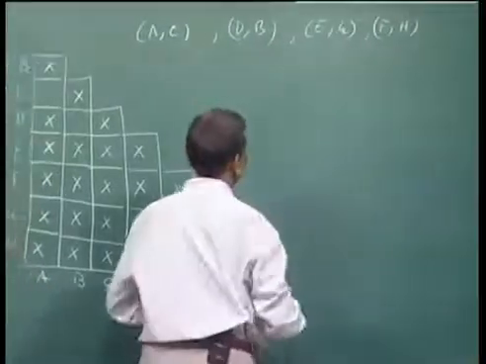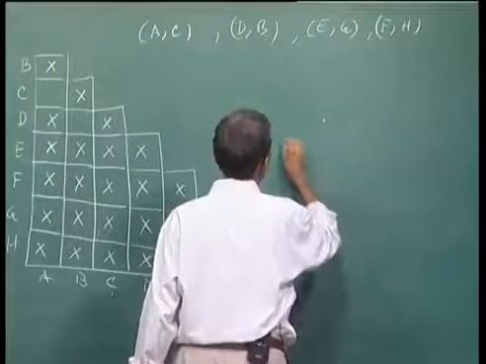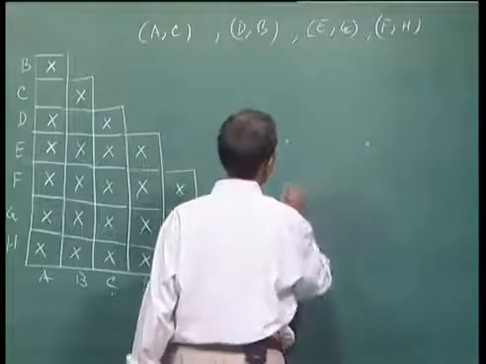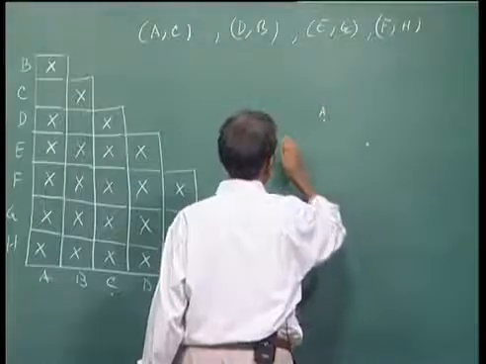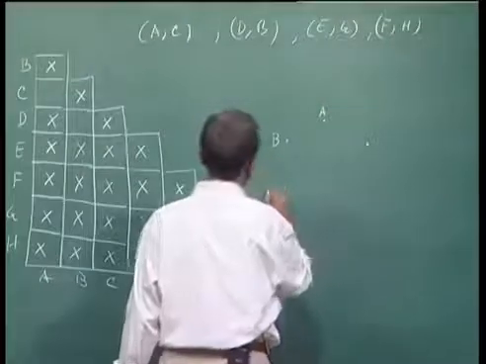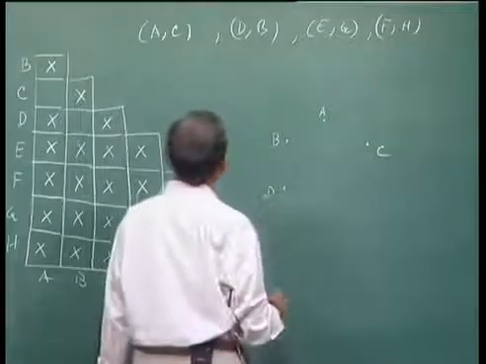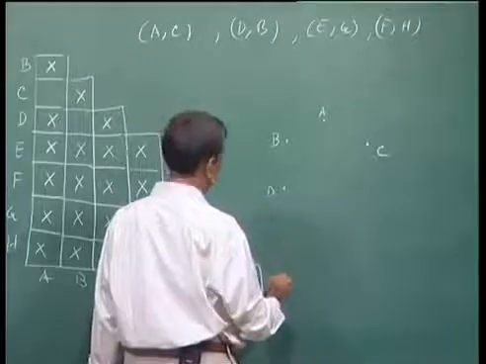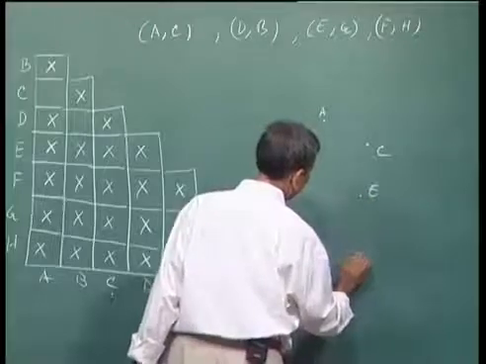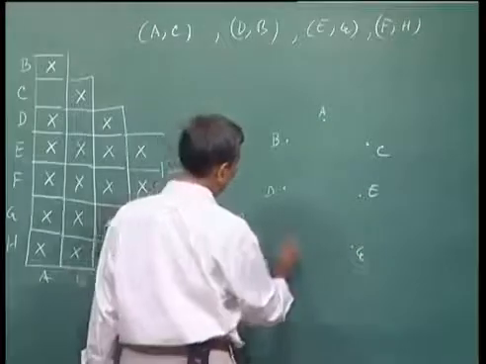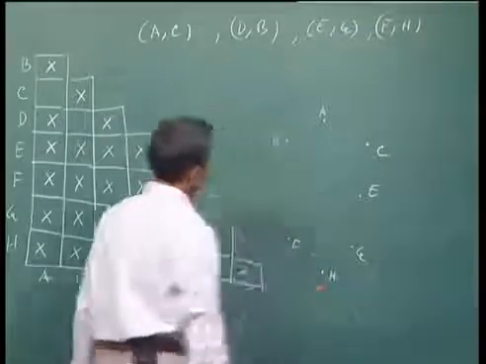In this case the set of states will have A, B, D, C, E, F and H, right.